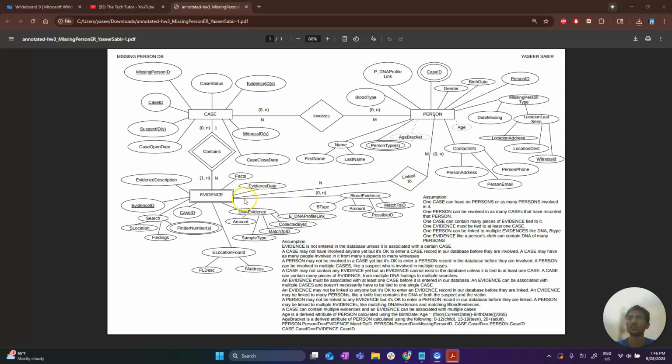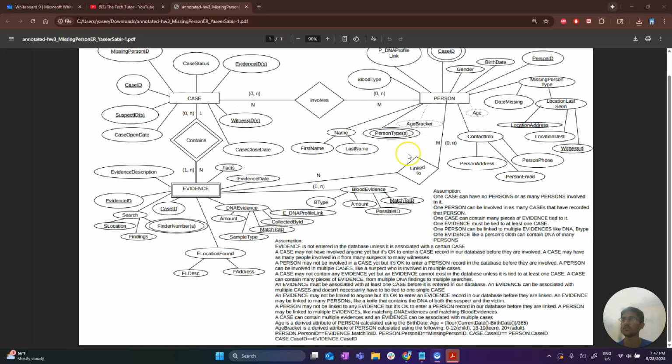This is optional. You don't need to link these two. So you don't need a relationship between the evidence and the person. In another case, I was thinking we could link these two, but it's not needed, because we're covering what our database needs.